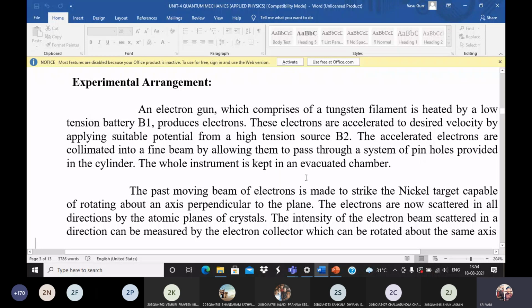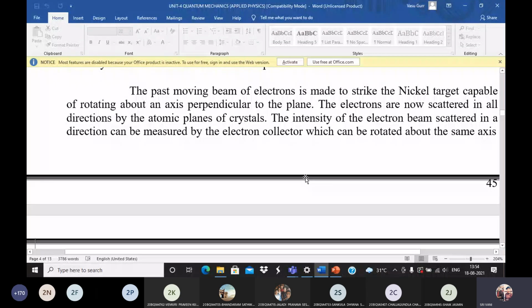Next, in this experiment, they observed that when the electrons are moving from the electron gun, they will strike the target. Already I said that first they have used the electron gun, and next, an electrical battery to accelerate the electrons. Next they have used one material made up of nickel, the nickel target.